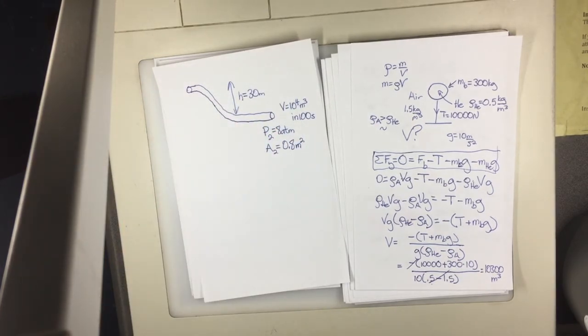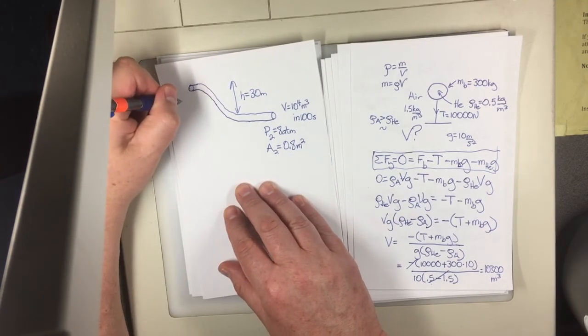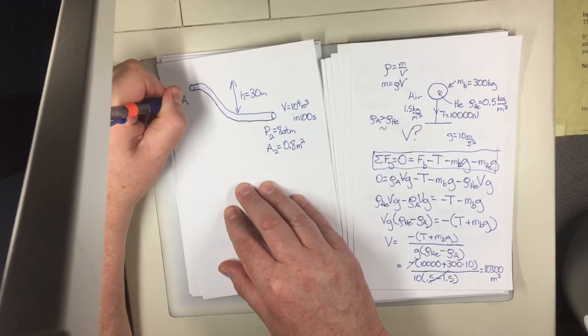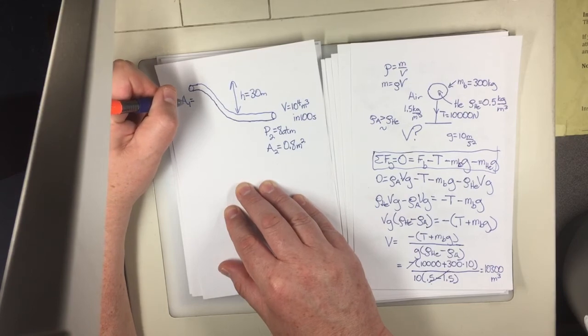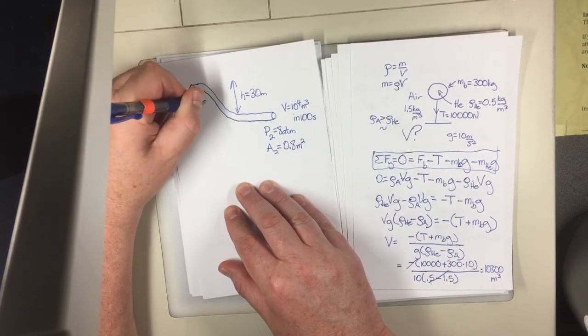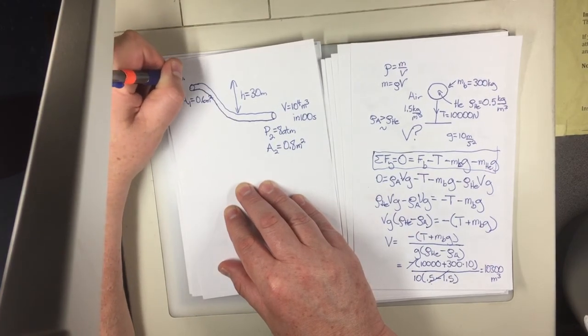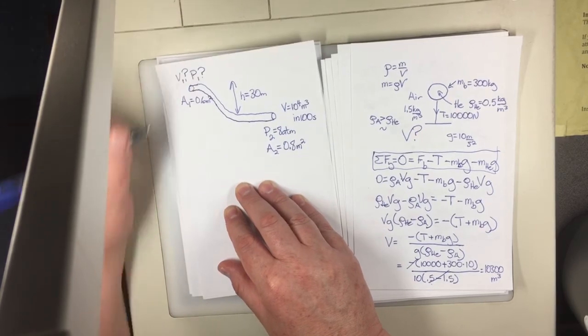The question that I have is, if the area at the top is 0.6 square meters, what is the velocity of water at the top and what is the pressure at the top?